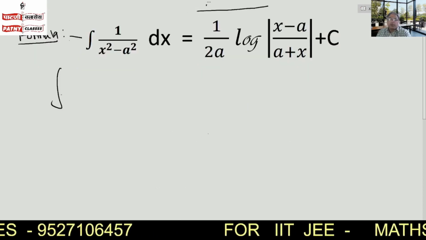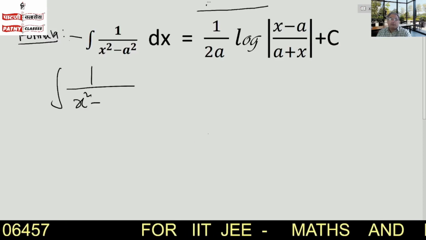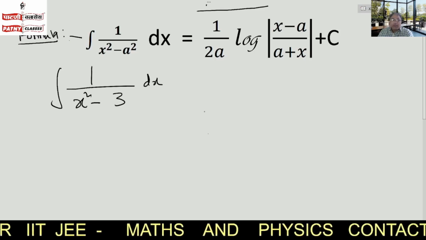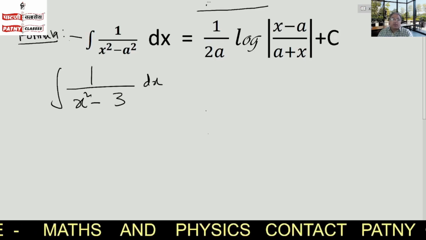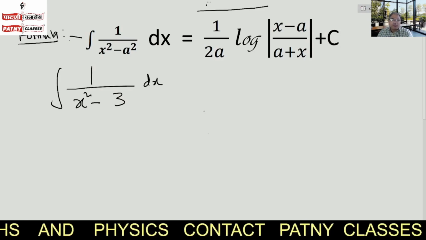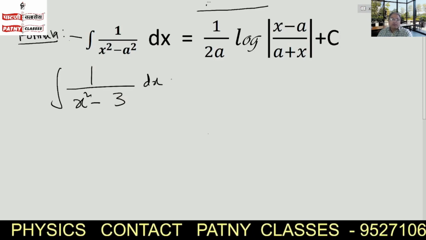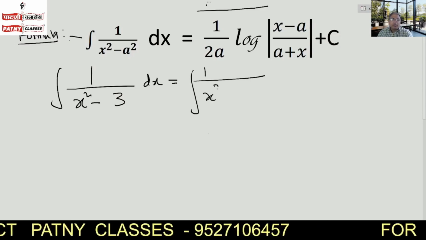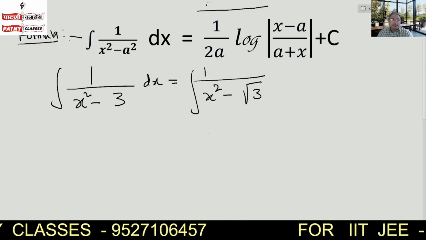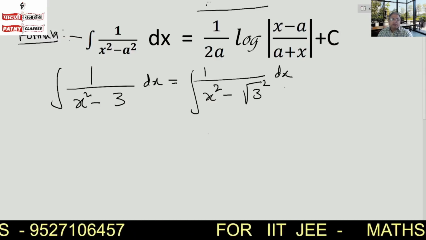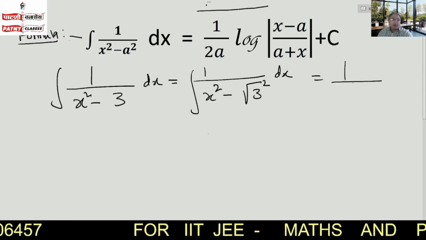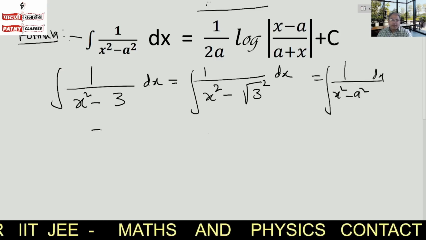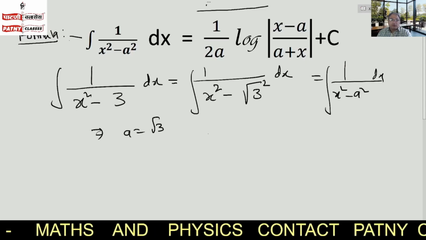Next example, integration of 1 upon x square minus 3 with respect to x. Here we find that the square is not there, and without the square I cannot apply this formula. To create the square term, I can write it like this: integration of 1 upon x square minus 3, where 3 can be written as root 3 square, with respect to x. Now comparing with 1 upon x square minus a square, this implies a equals root 3.